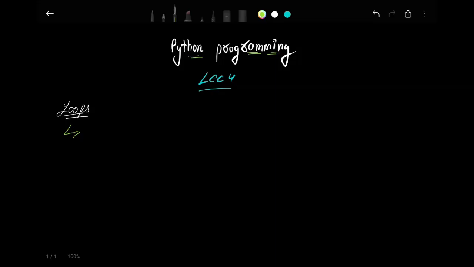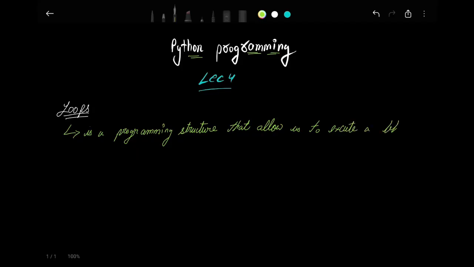So a loop is a programming structure that allows us to execute a block of code repeatedly until a specified condition is met.